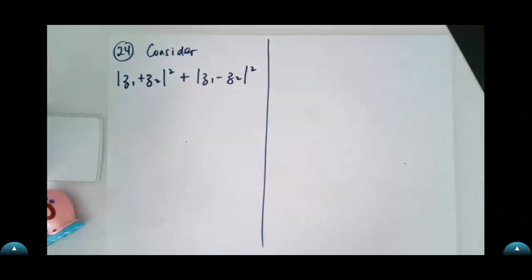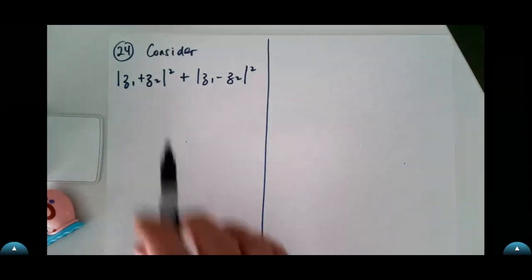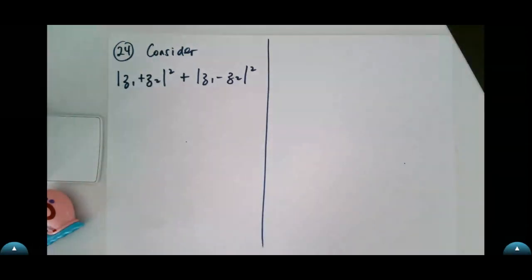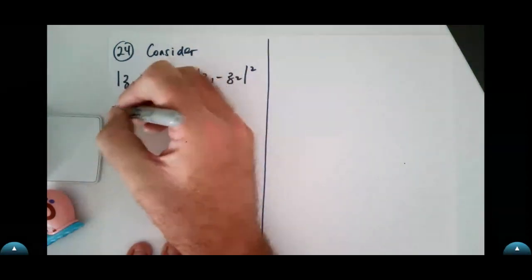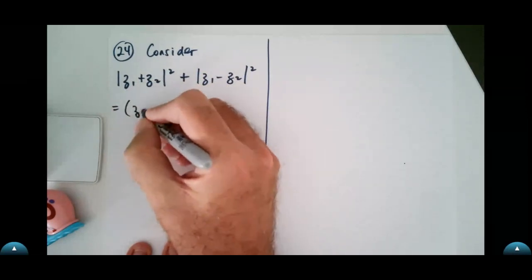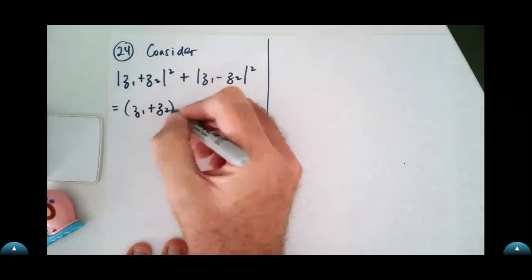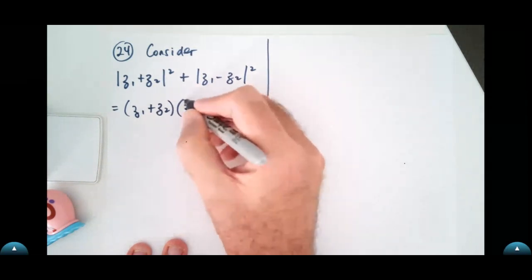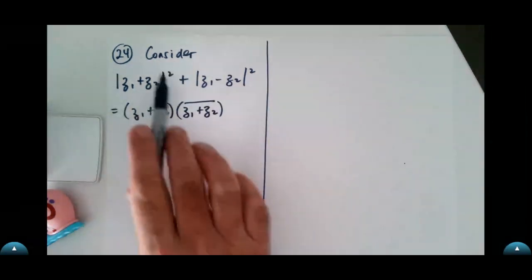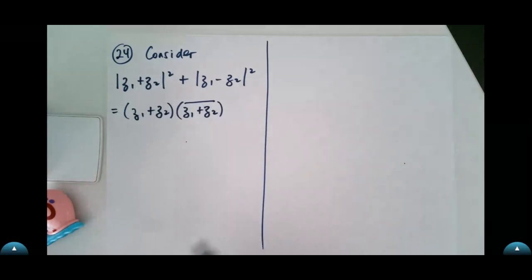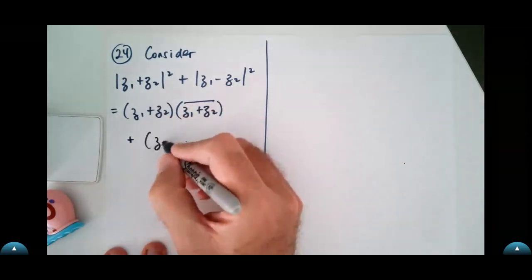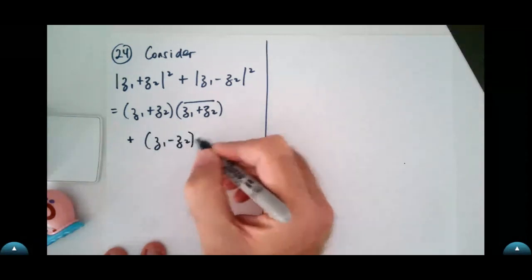So this is essentially the left-hand side of the identity that we want to work with. Okay, so let's use the hint and break these down to products involving conjugates. So I can write the first term as this product and the second term in a similar way.